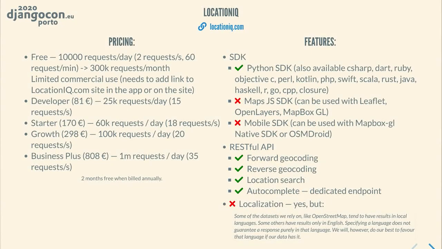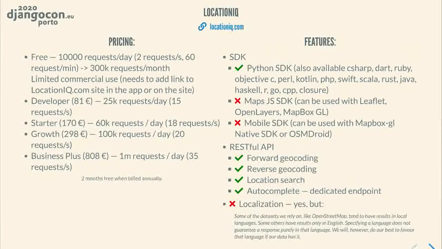LocationIQ. LocationIQ has a free tier of 10,000 requests per day, or 2 requests per second, or 60 requests per minute, which leads to 300,000 requests per month. And it has limited commercial use, so you need to add the link to the LocationIQ.com site in the application or on your site.